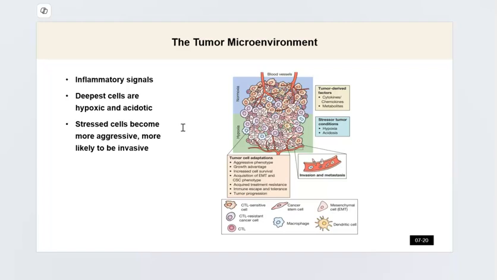That helps promote the acquisition of cancer cell immune resistance and makes the immune tolerance parts of the cancer cell. So what this is saying is that we have the cytokines, chemokines, and metabolites at play. We have the stressed tumor conditions because it's hypoxic and acidotic, which the tumor loves. The tumor cell adaptations can be occurring that are going to help mobilize and cause invasion of tissues, or invasion and metastasis, excuse me.